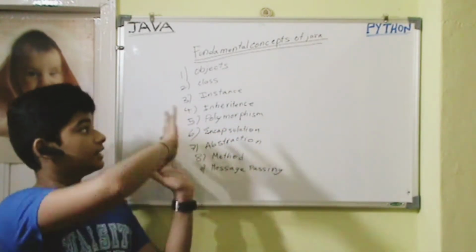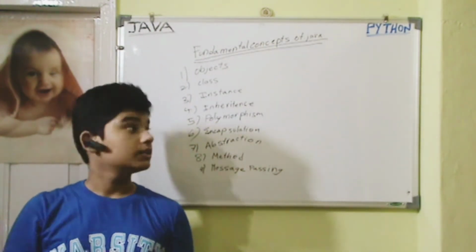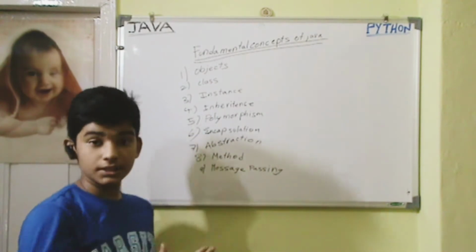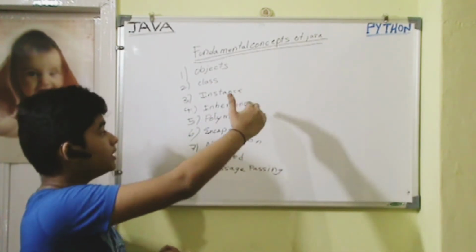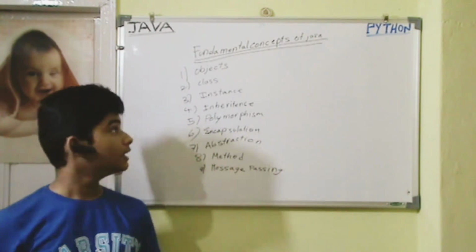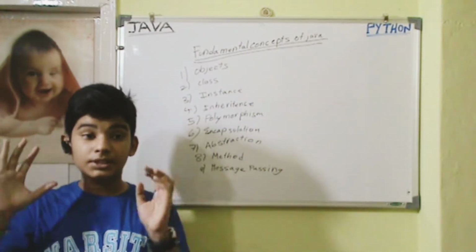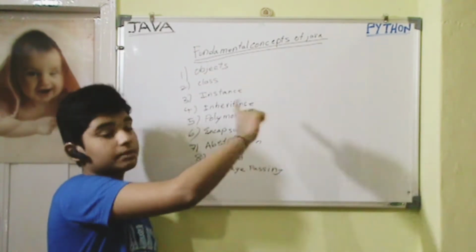So these are the fundamental concepts of Java. Now that we know what they are, we will probably learn inheritance and polymorphism in future videos. But now let's just focus on objects and classes because they're the most important ones out of all of them.